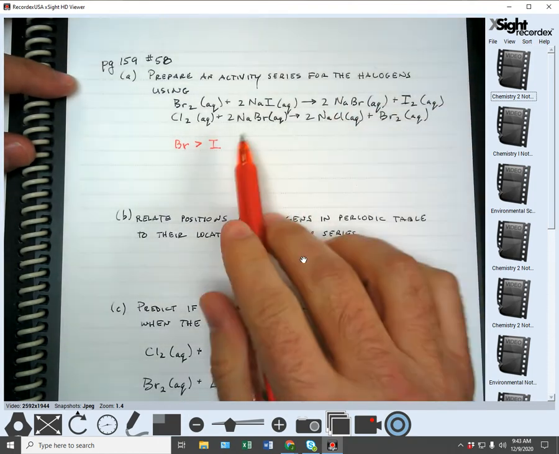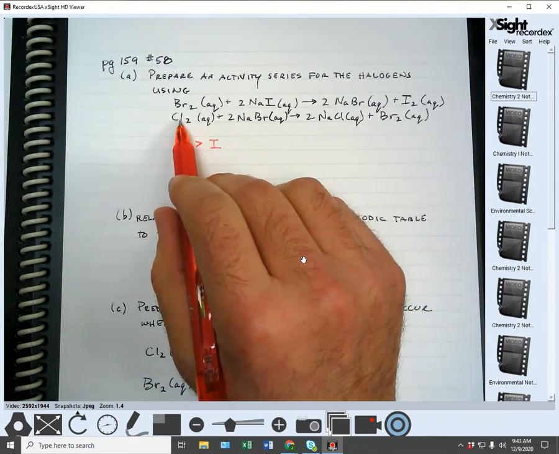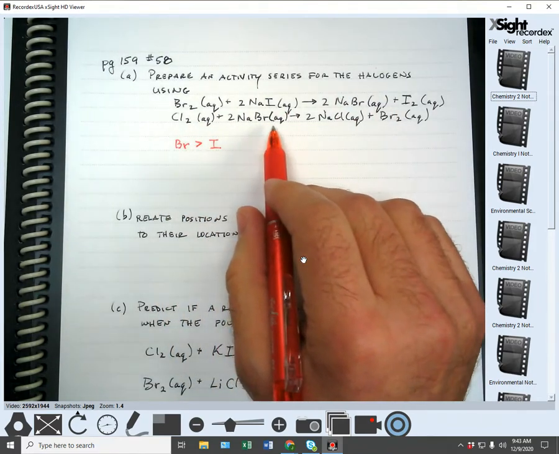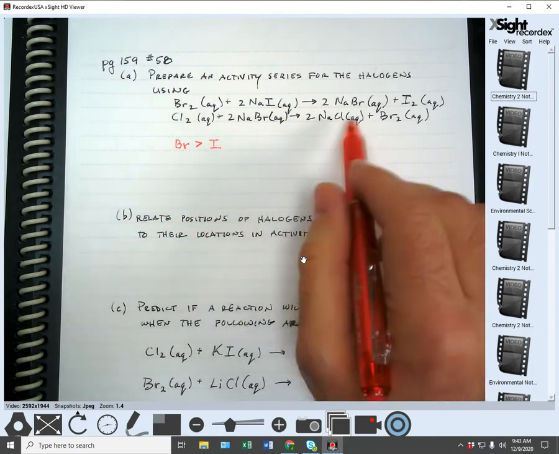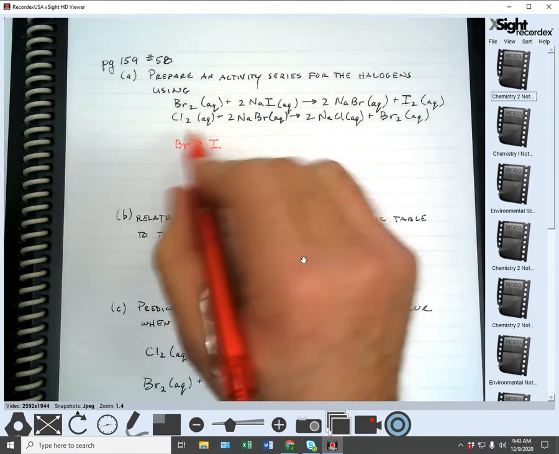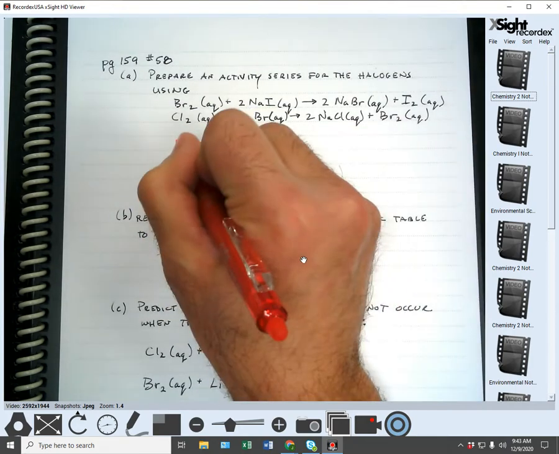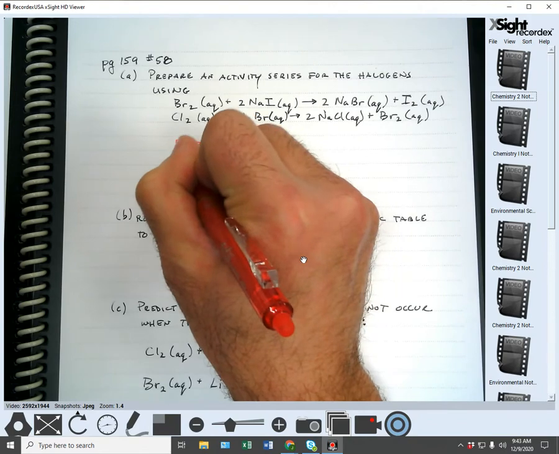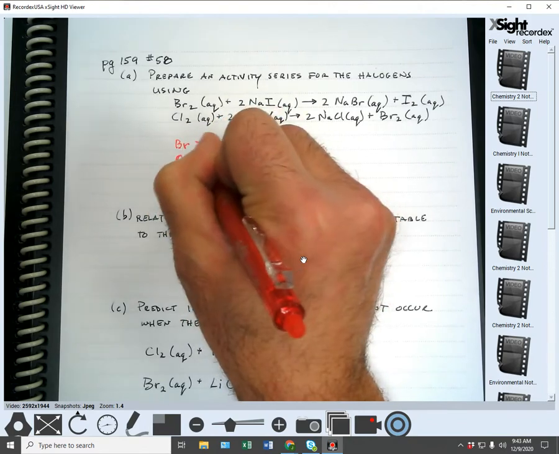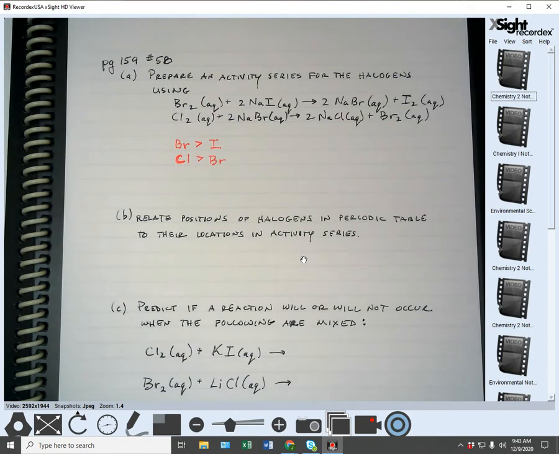Now the second one down here, we've got Cl2 and sodium bromide. And as you can see, it switches. So what this tells us is chlorine is more reactive than bromine, right?